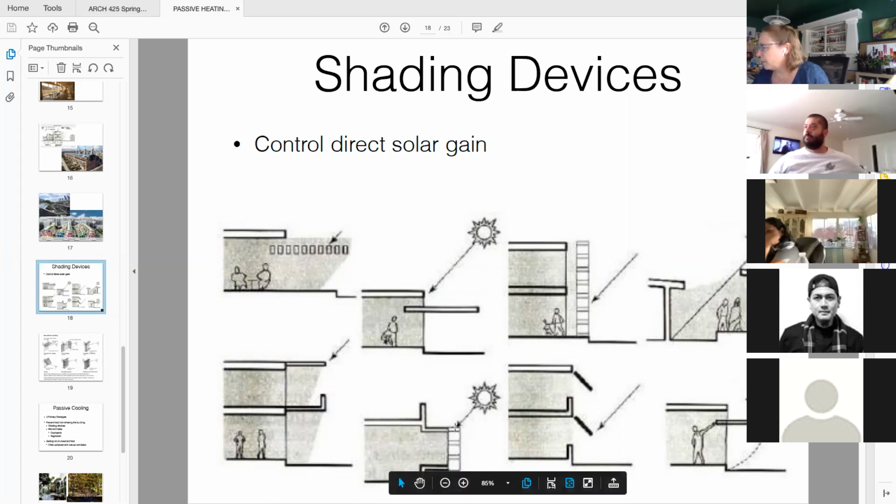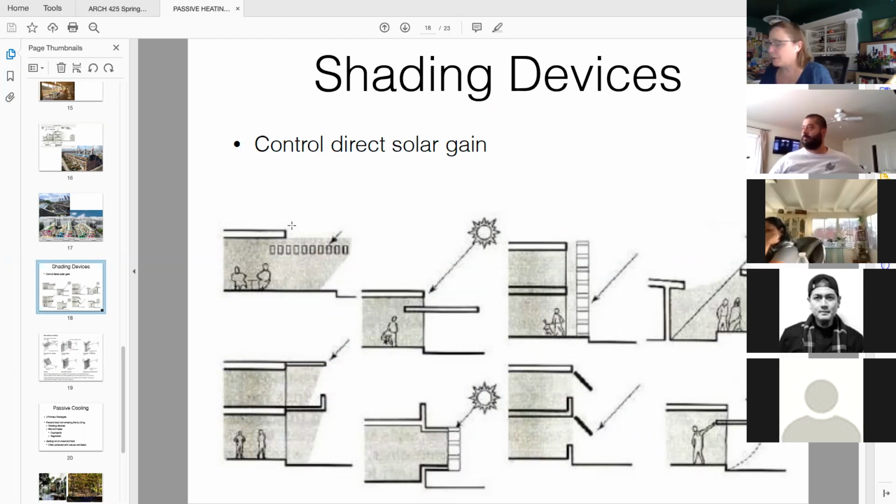This is some sort of brise soleil at the window opening here, or building high. Angled sun control devices, movable sun control devices. Again, the key thing is that you want to look at your climate, look at your sun angles, and use that to determine what times of year you want your direct gain to come in, and when you want to keep it out.